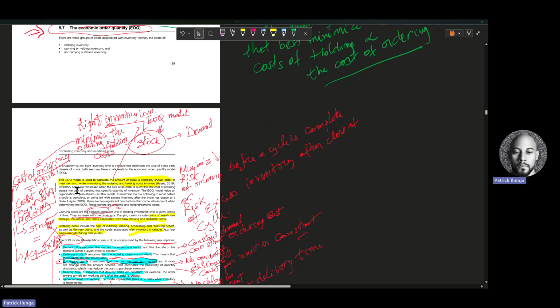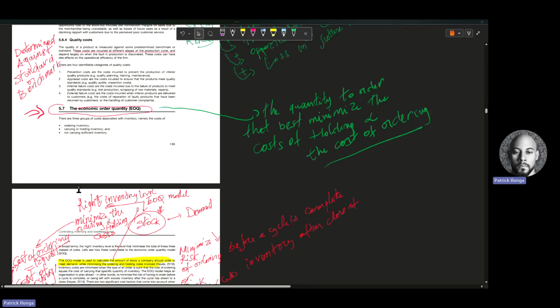All right. So the big term will be: what is the right inventory level? What will be the right inventory level that we need to have? And that's basically the economic order quantity concept. We need to find the right inventory level.